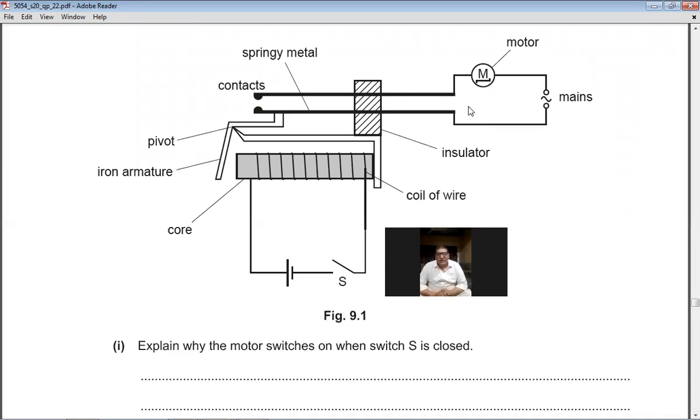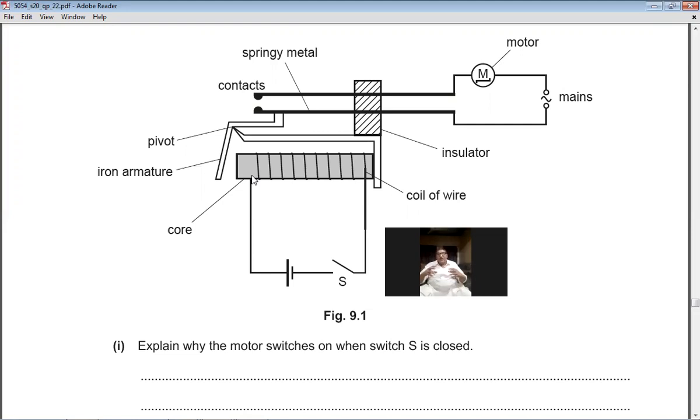But if you have used steel as a core, steel will also make the electromagnet stronger. But the problem with steel is that it is a hard magnetic material. So once the steel is magnetized, when you open this switch, the steel will not lose its magnetism immediately.